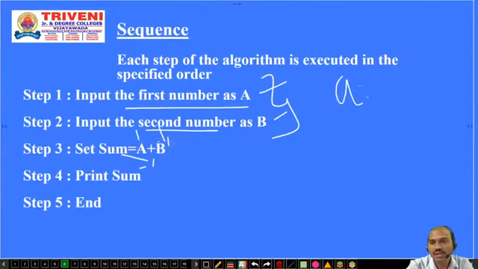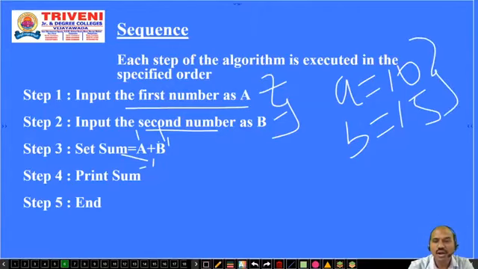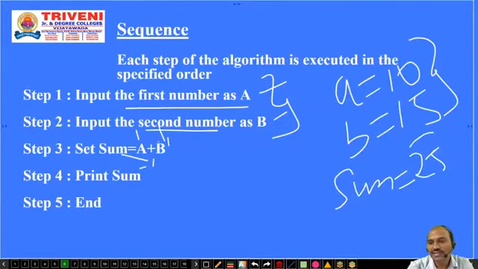For example, A equals 10 and B equals 15. These two values are added into the sum, so the total result is 25.